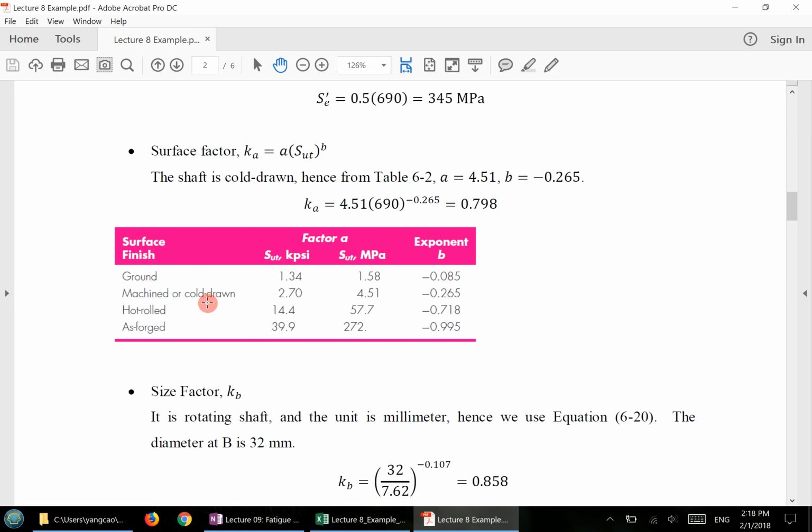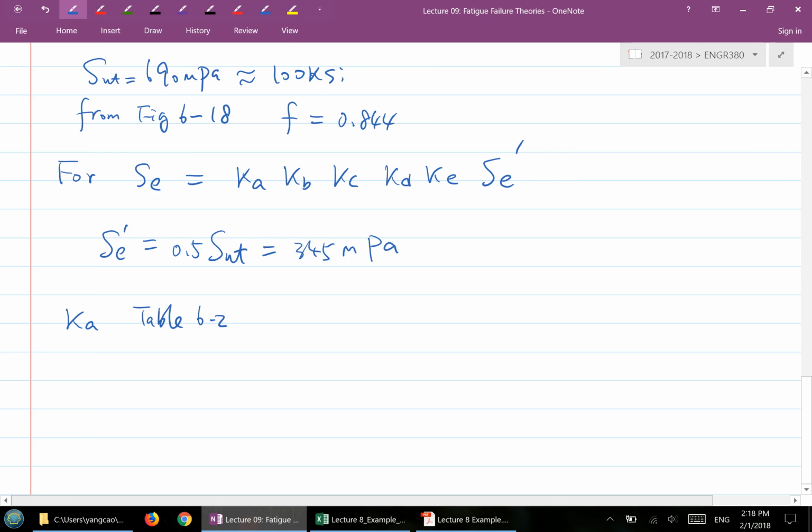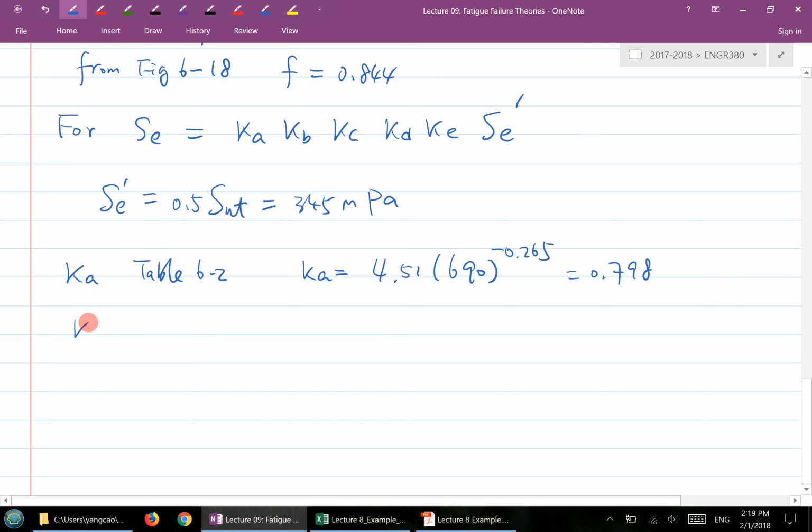That's the surface condition, and Sut is in megapascals here, so it's 4.51 times Sut to the power b, with the b value from the table. So you get your Ka equal to 4.51 times the Sut value to the power of the b value. The calculation will give you 0.798. Good. So this is your Ka.